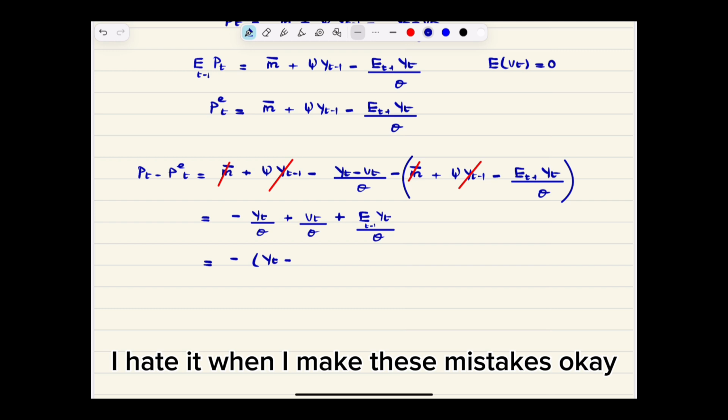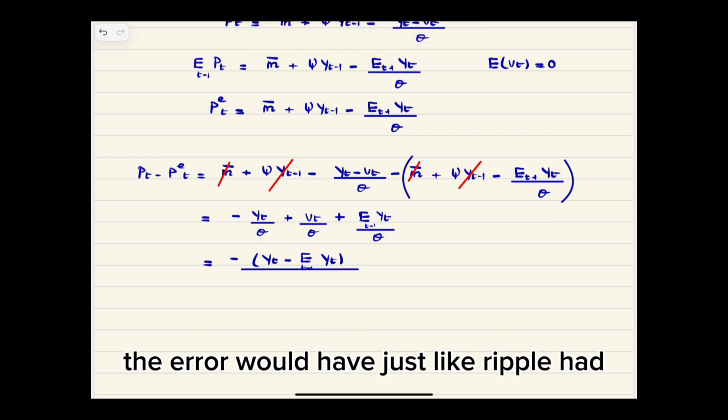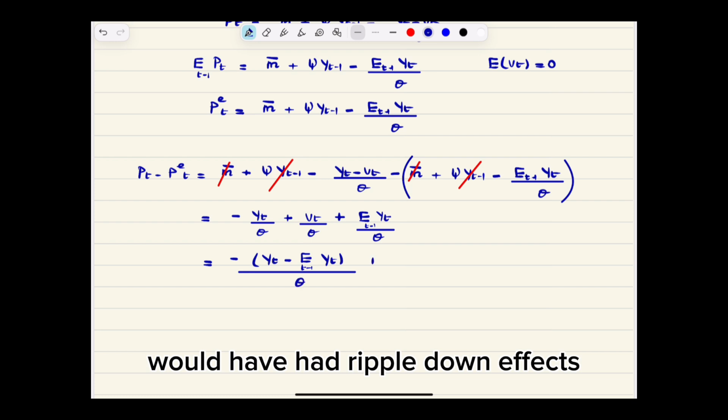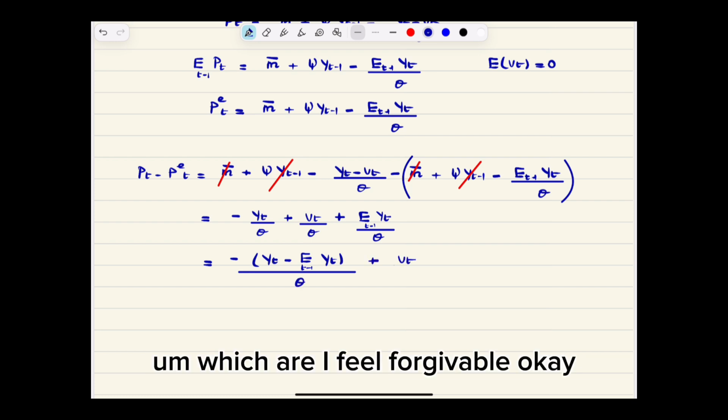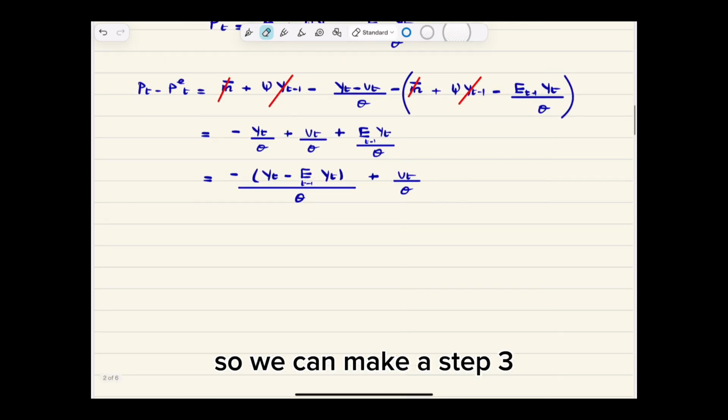I hate it when I make these mistakes. Okay, thank God I caught it right now, because otherwise the error would have had ripple down effects, which are, I feel, forgivable. Okay, so we have this expression, and this is what we needed. So we can make a step 3.